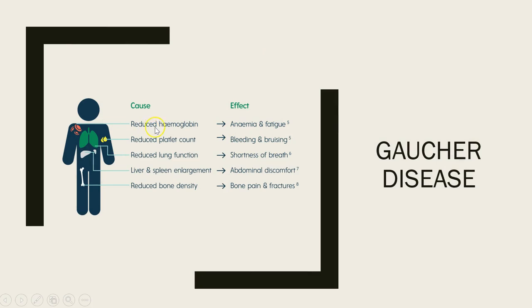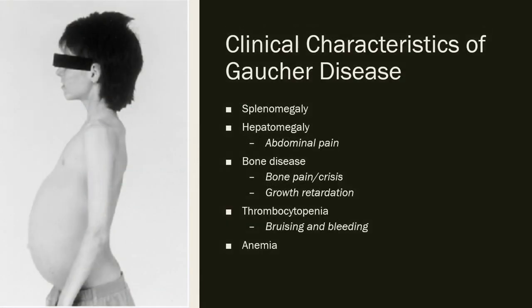So reduced hemoglobin results in anemia and fatigue. Reduced platelets results in bleeding and bruising. Reduced lung function can result in shortness of breath. Liver and spleen enlargement can result in abdominal pain and discomfort, and reduced bone density can increase the risk of fractures as well as causing bone pain.